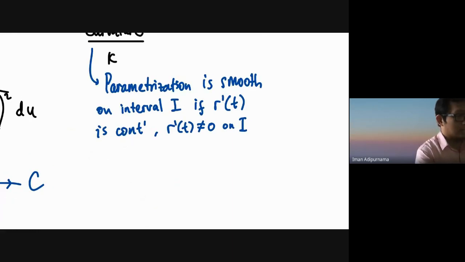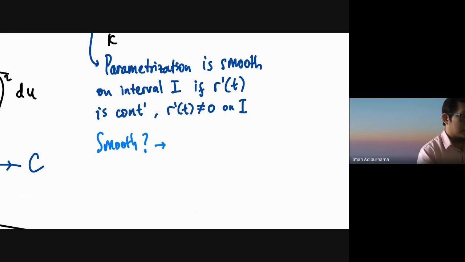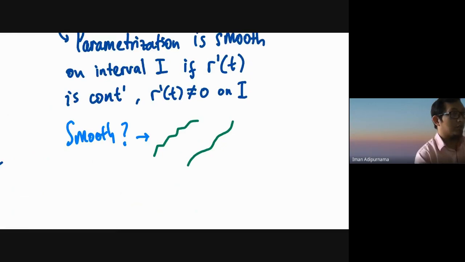Now we have a new term also, smoothness. Okay? So smooth, what does it mean? If you look at a line or curve, maybe your curve is like this, and the other one is like this. Of course, you can always tell that the right one has higher smoothness than the left one.